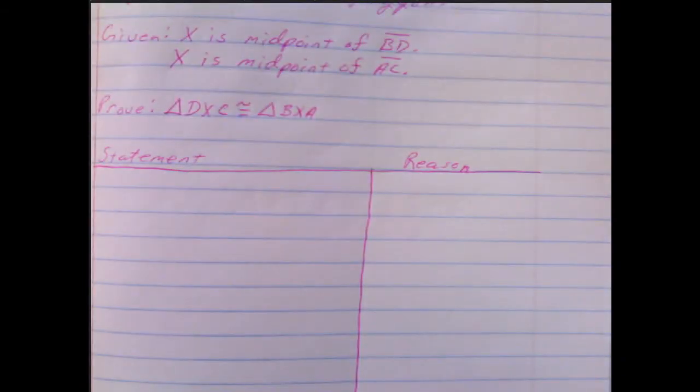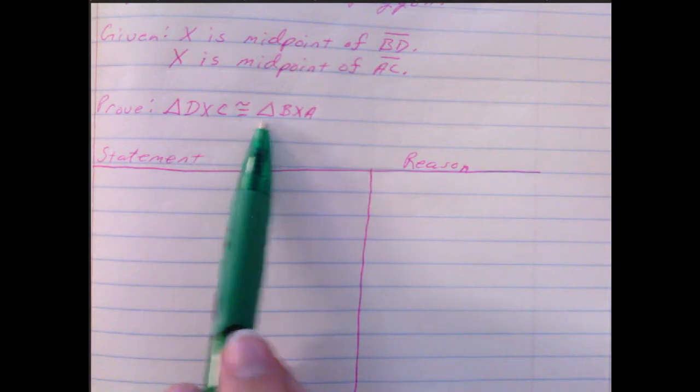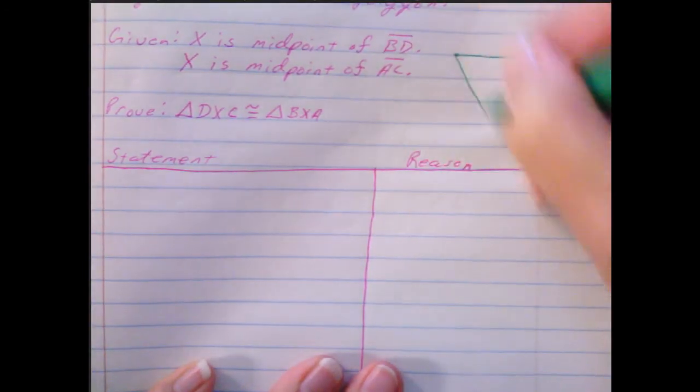So for this one, we're given that X is a midpoint of BD, and X is the midpoint of AC. And so then we're going to prove that triangle DXC is congruent to triangle BXA. And what does our picture look like for this one? Well, it actually looks kind of like a parallelogram.